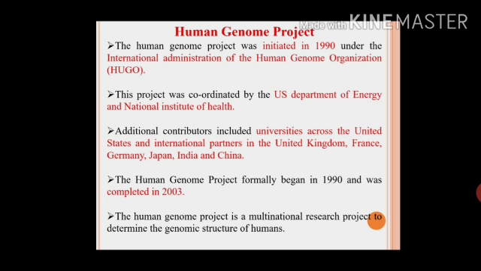Additional contributors included universities across the United States and international partners in the United Kingdom, France, Germany, Japan, India, and China. The Human Genome Project formally began in 1990 and was completed in 2003.